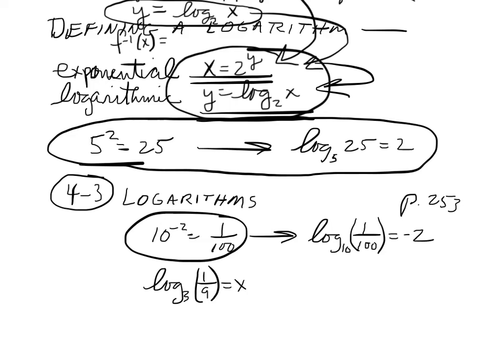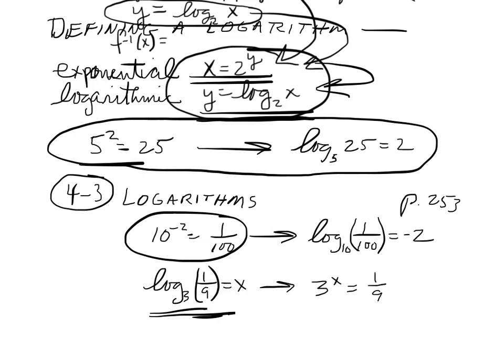Practice rewriting it exponentially. Now, I think some of you would be able to look at this expression and figure it out. But if I make it equal to x, then I can convert it to saying, okay, I'm going to take the number 3, raise it to the x power and get 1/9.